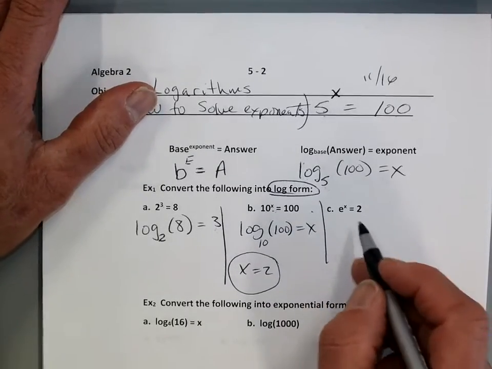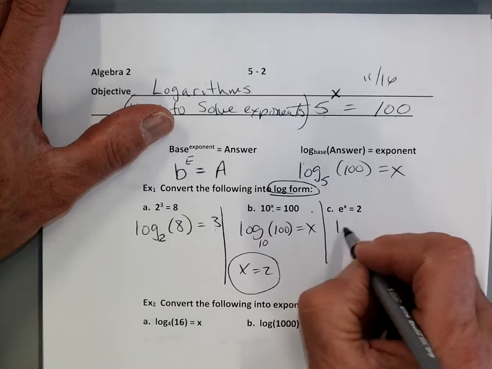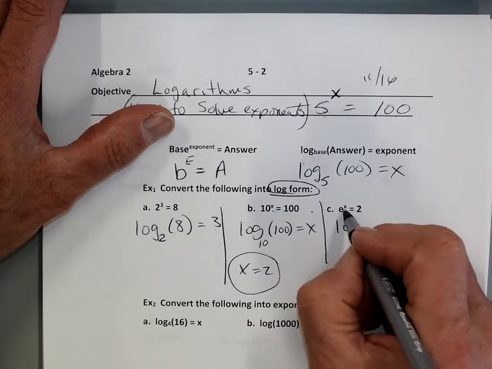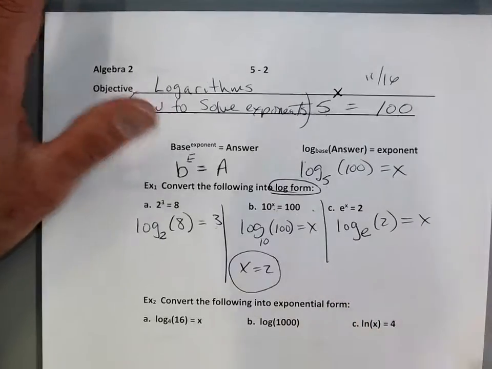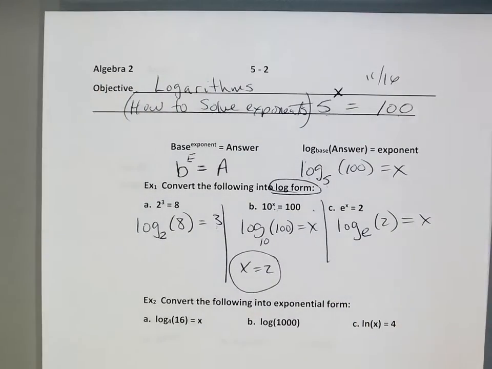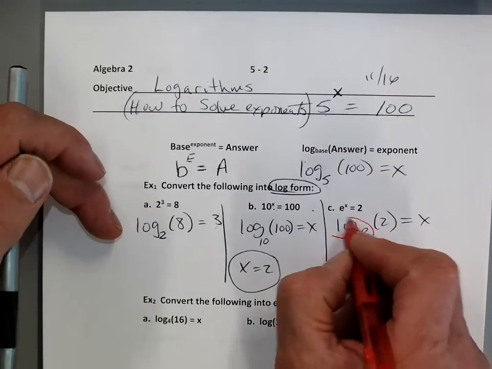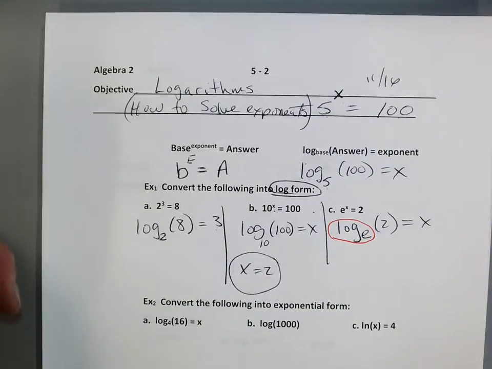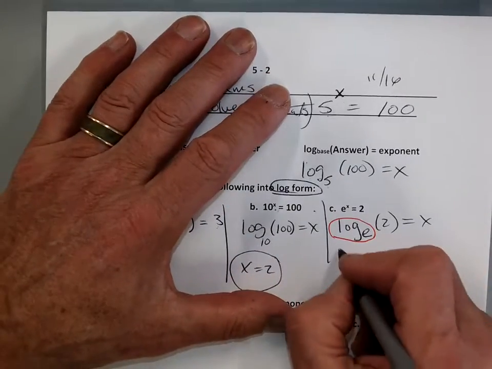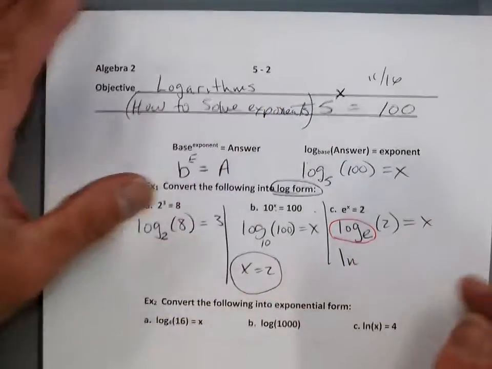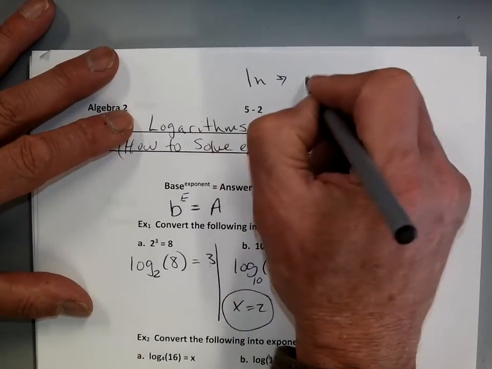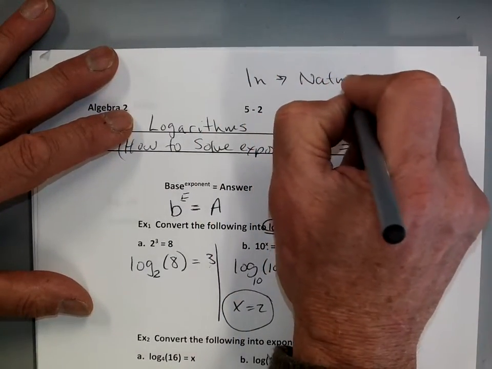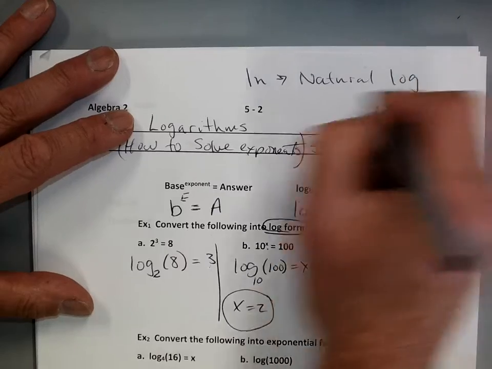Now, C, we're going to go log of base e of 2 equals x. But we're going to learn something new right now. Remember we talked about e, that e is kind of like this number that's used in nature. We're going to rewrite that as ln, and ln represents what we call natural log.